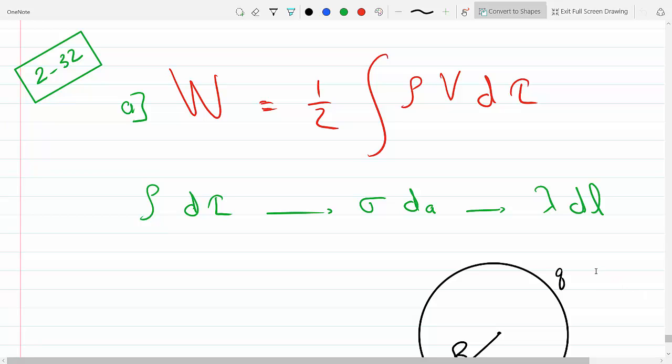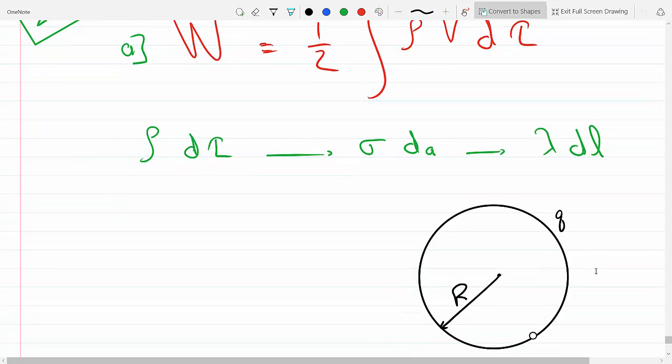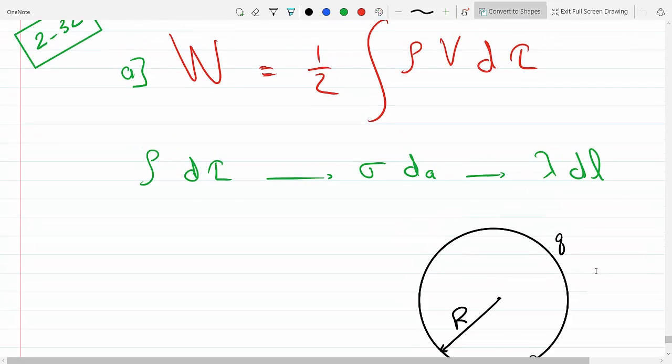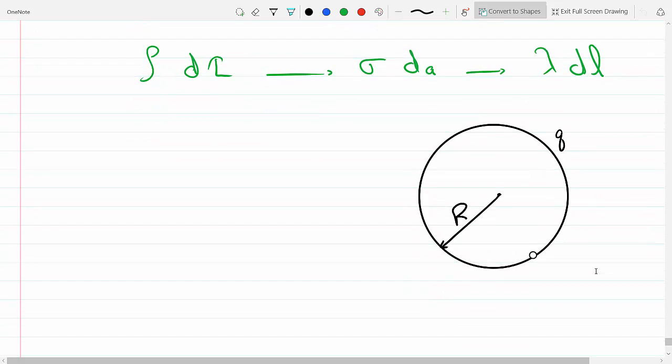We do have to find the potential. There's two ways you could do that. You could figure out the potential by using direct integration, similar to a problem we did before, taking infinity as your reference point because V at infinity is 0.